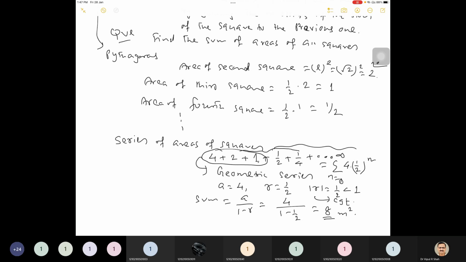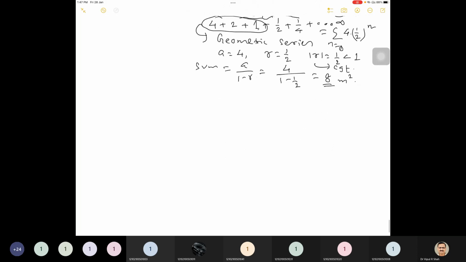Okay. One more example we can have in this connection, and that is like this.